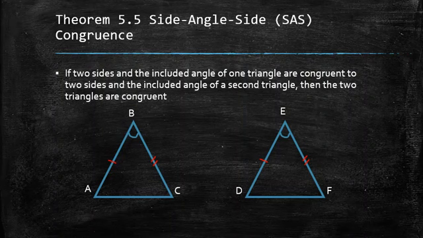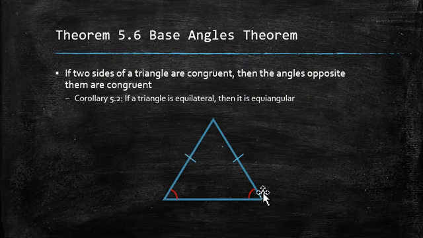The next theorem is about base angles theorems. If two sides of a triangle are congruent, then their angles opposite them are also congruent. There is a corollary that can be proved easily with this theorem, which states that if a triangle is equilateral, which means all three sides are the same, then it is also equiangular, which means that the angles are the same.